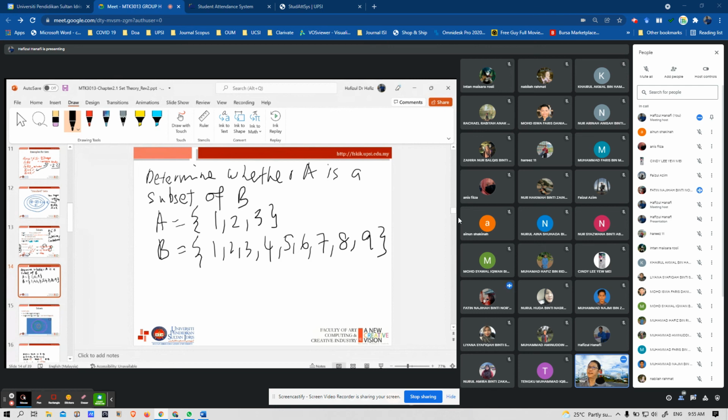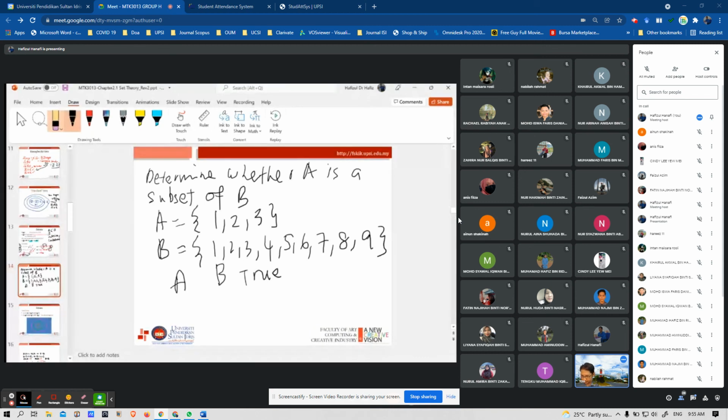Okay. Because again, if we see here, B is an inclusion of set A. Okay, true, it is a subset. Subset or this one is the equal sign.